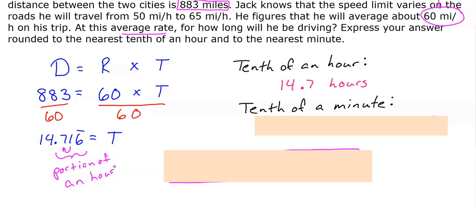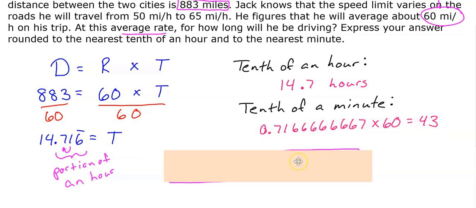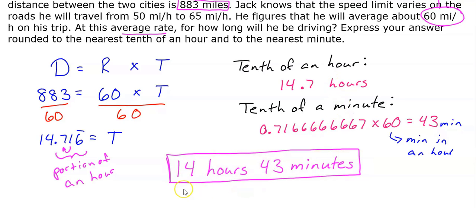So all we would have to do is take that decimal portion and multiply it times 60, because we know there are 60 minutes in an hour, and that would give us 43 minutes. So we could combine the tenth of an hour together with the minutes, and we would know that it took him 14 hours and 43 minutes.